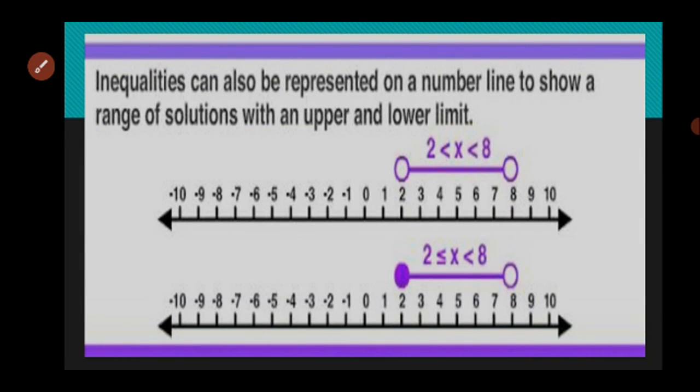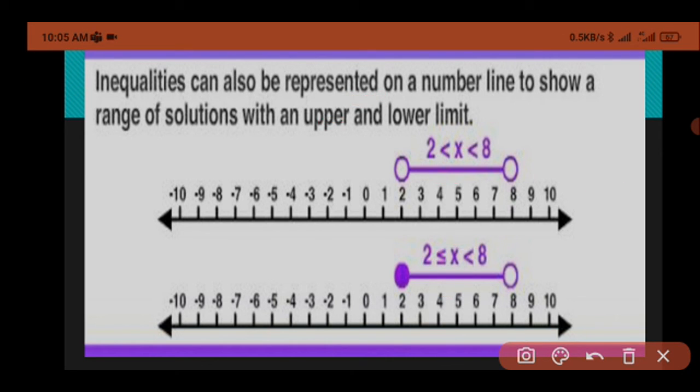Next, inequalities can also be represented on a number line to show a range of solutions with an upper and lower limit. Suppose the solution, the x value, is more than 2 but less than 8. So except 2 and 8, all these are solutions. From here to here you can observe, 8 will not be a solution, 2 also will not be a solution, the rest all will be solutions.